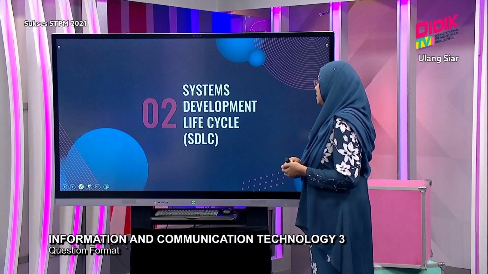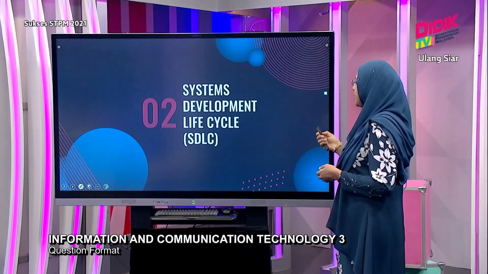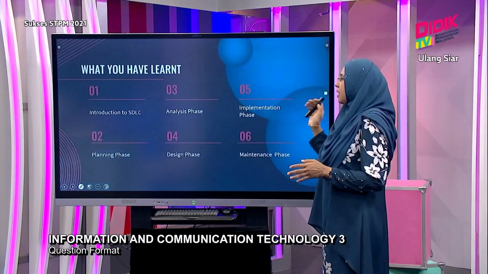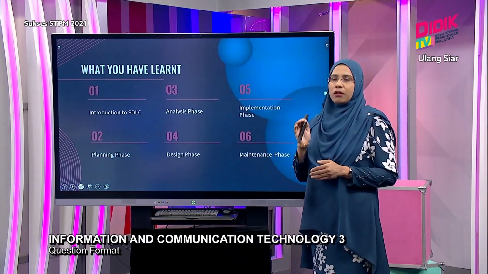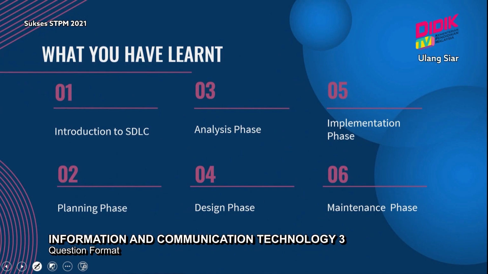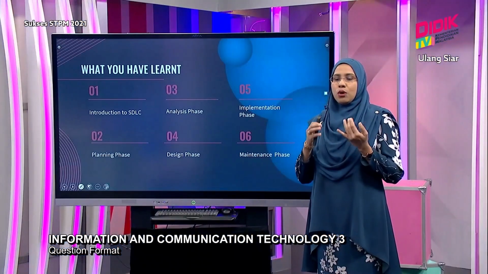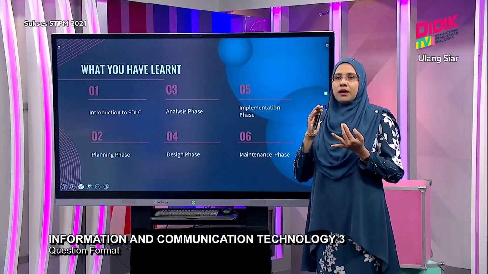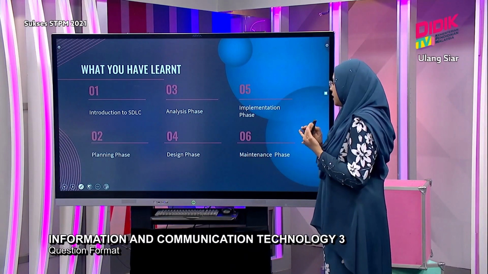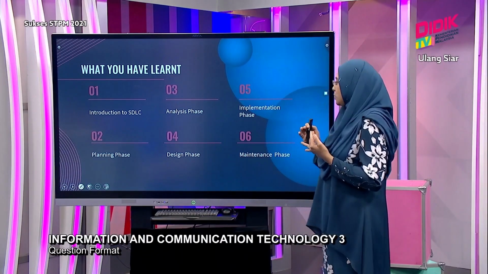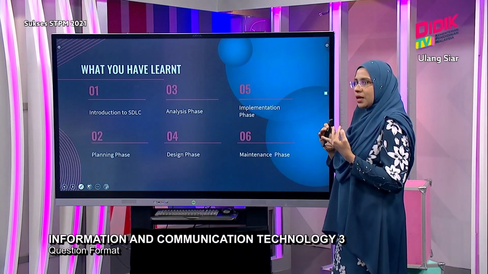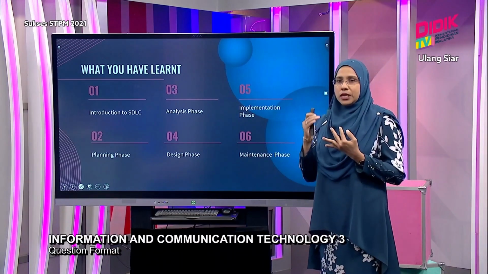For the second chapter, system development life cycle, this is a very big chapter and what you learn here is all 5 phases of the system development life cycle: the planning phase, analysis phase, design phase, implementation phase and maintenance phase. What is important in this chapter is that you must know all the personnel involved, the activities, and the deliverable of each phase.